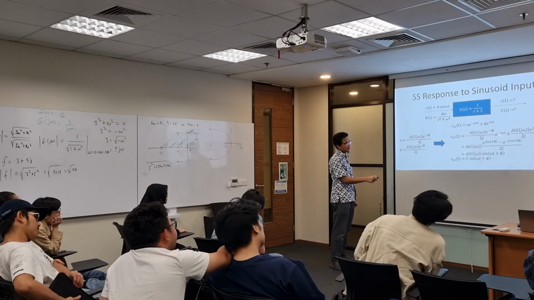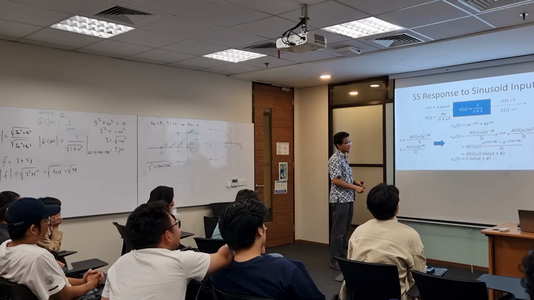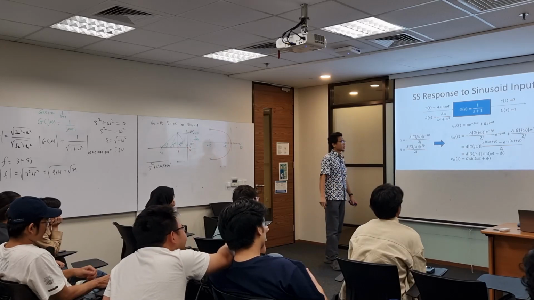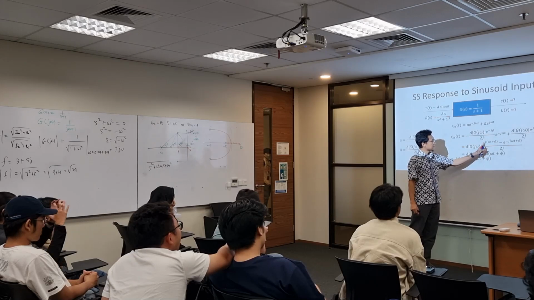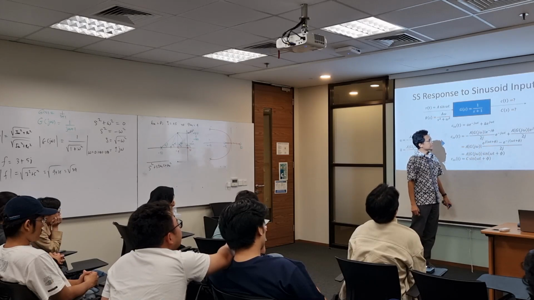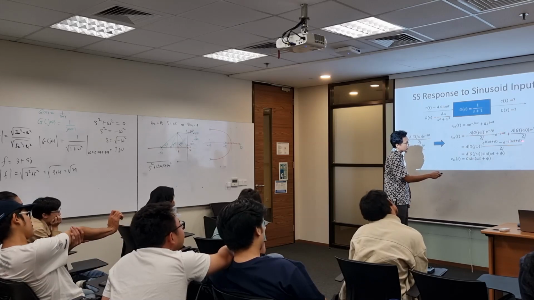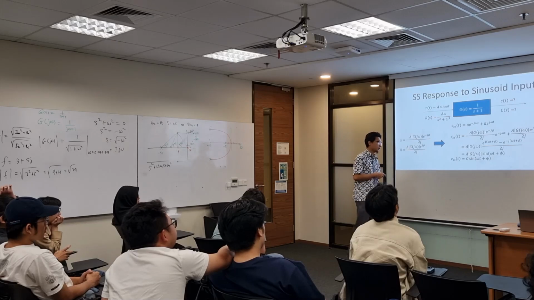So e to the minus J omega t and e to the J omega t are still there, no changes on it. And then if we multiply, we get this. If we multiply this one, we will get this. So we just flip the order.